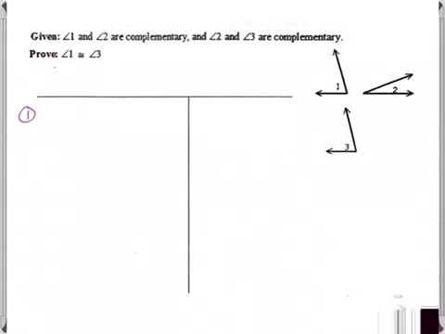Okay, so the first step, we've got 1 and 2 are complementary, and we also know that 2 and angle 3 are complementary. And that's our given.